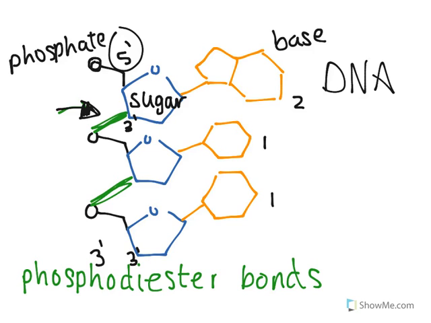And dehydration reaction means that a water has to be removed, and then the bond can form between these two species, the phosphate and the 3' carbon. So a water comes out, that bond forms, and then you have your polymer. In this case, that would be DNA.